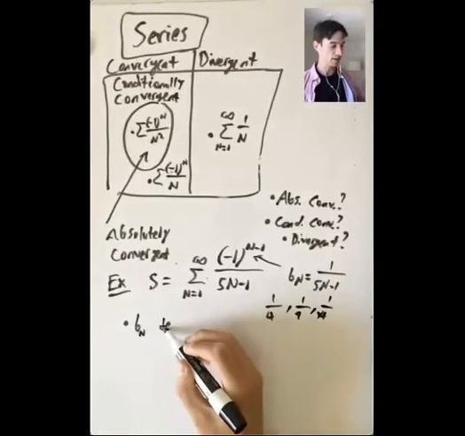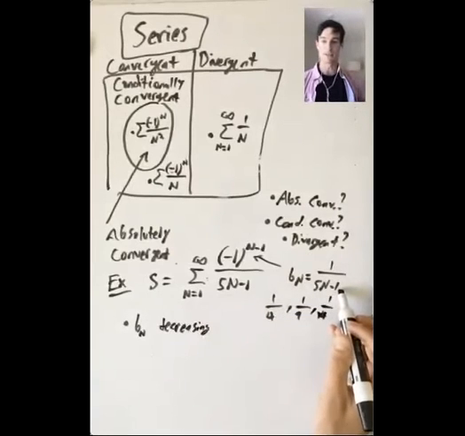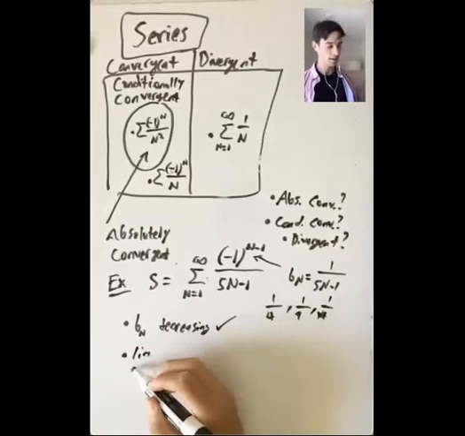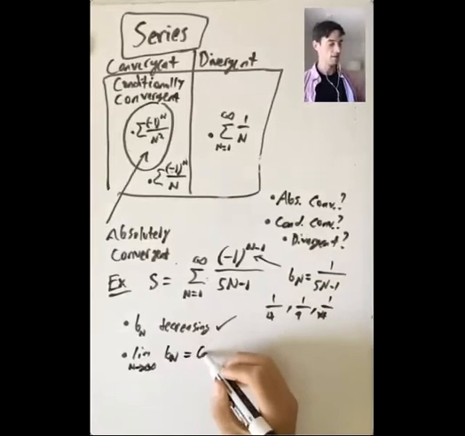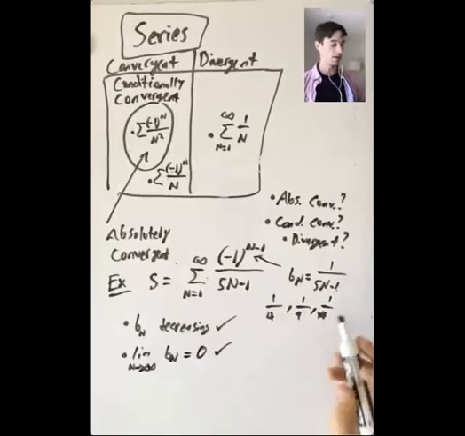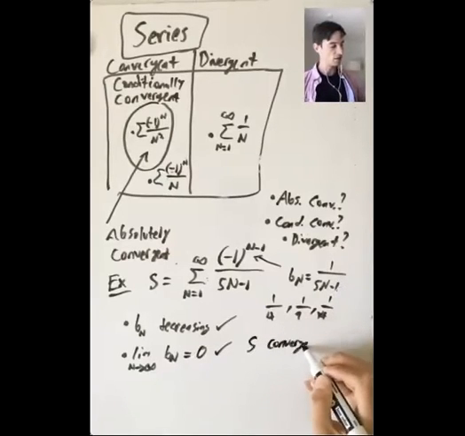Bn is decreasing. All you have to do is check that the denominator is increasing. And the limit as n goes to infinity of Bn is 0, because the denominator is getting larger and larger, and the numerator is just 1. So S converges by the alternating series test.